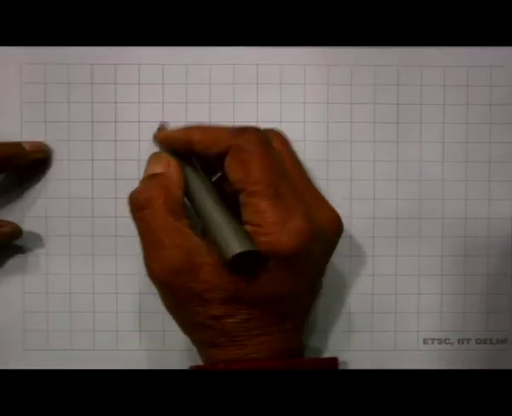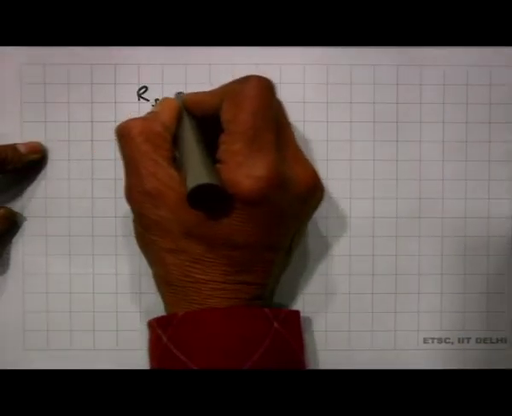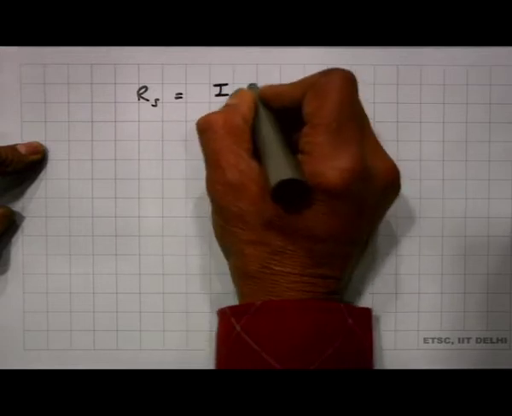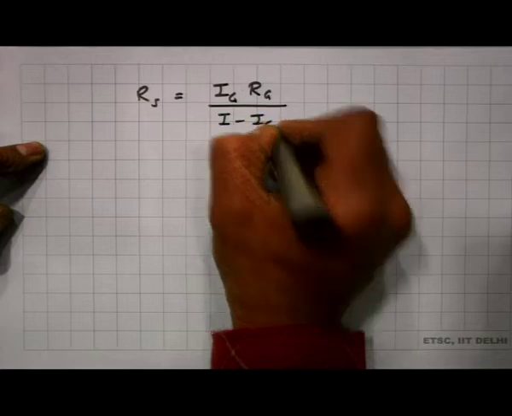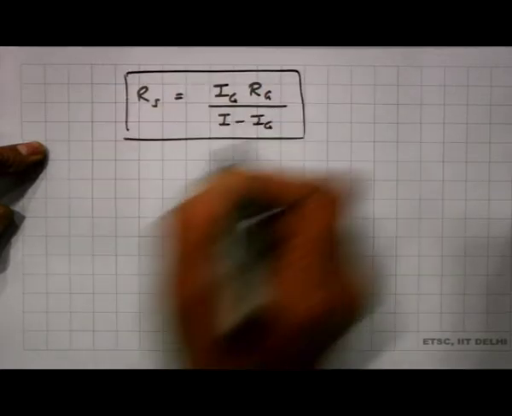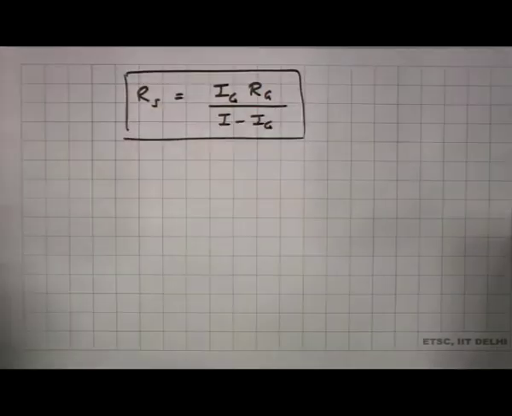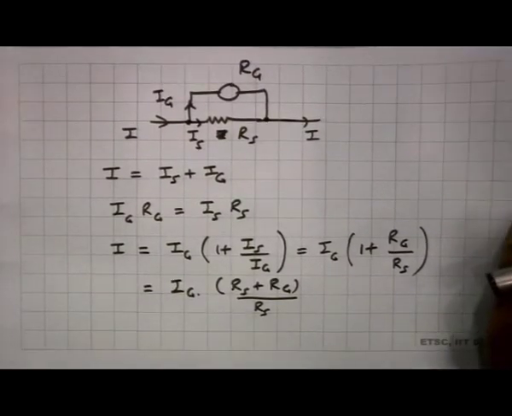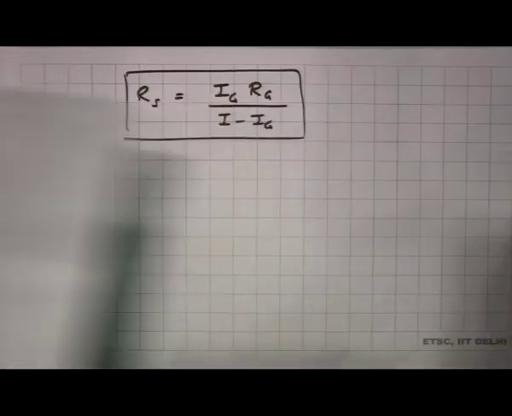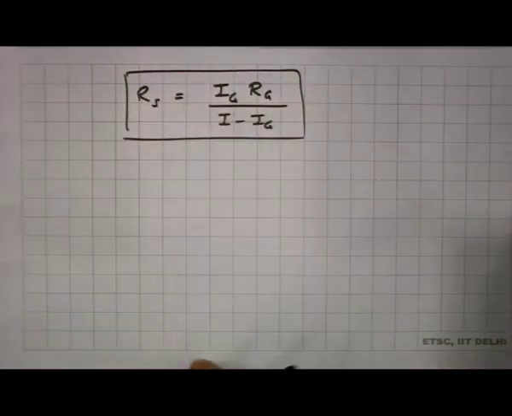So, Rs comes out to be Ig Rg by I minus Ig. You take Rs on the left hand side, and so you get Rs into I minus Ig is equal to Ig Rg, and I get this equation.